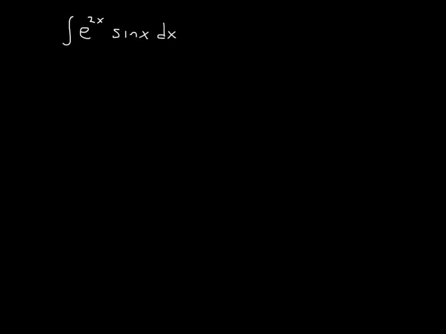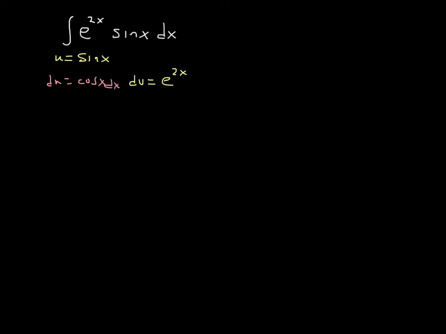In this case, though, I will follow the acronym. And what I know in this case is that I'm going to let u equal sine x and dv equals e to the 2x. And so when I do that, du is going to be the derivative of sine x, which is cosine x dx.